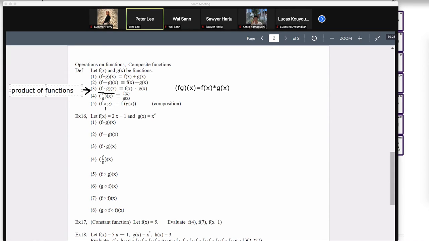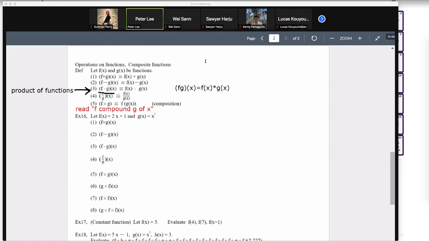F circle G. F circle G, how do we read that? That is now read as, let me write this down, F compound G of X. That's how we read it. Or we actually read this as F composition G of X. But here, F compound G of X. So F compound G of X is F circle G, so that's what it means.